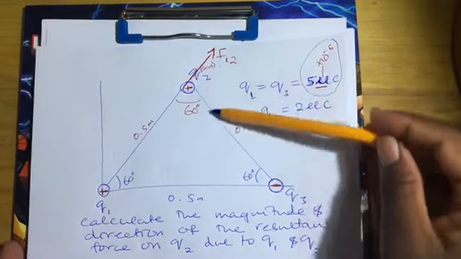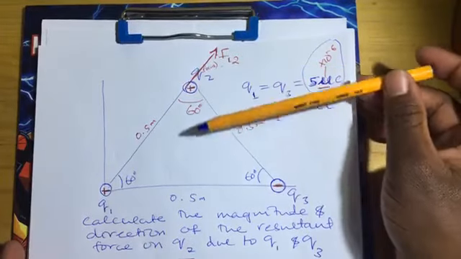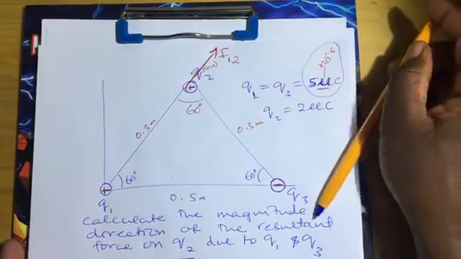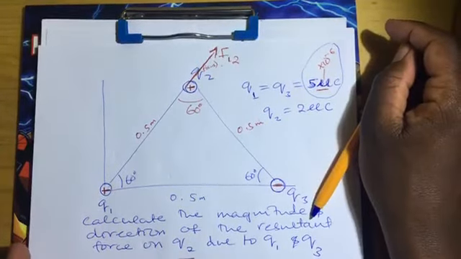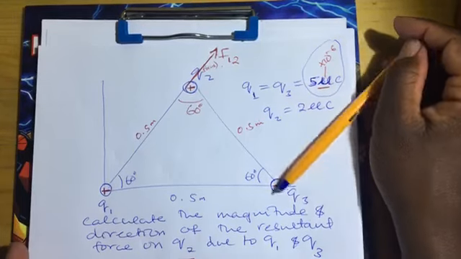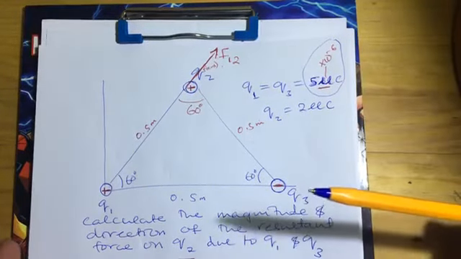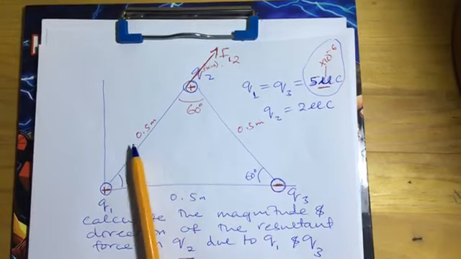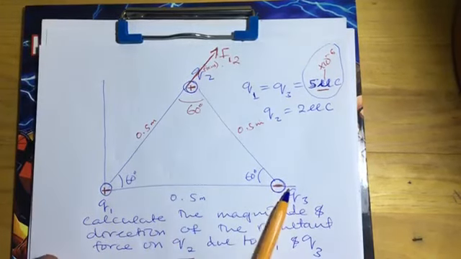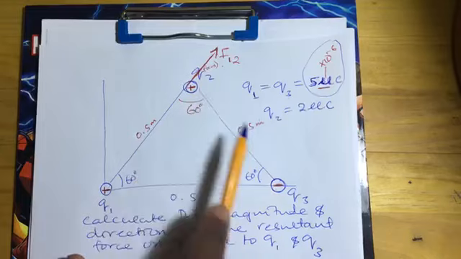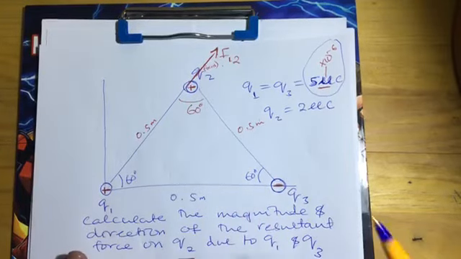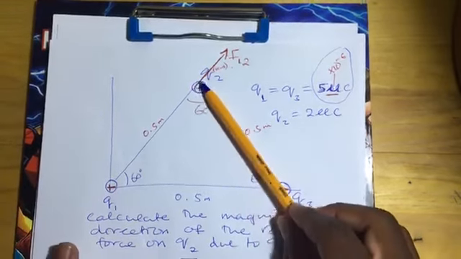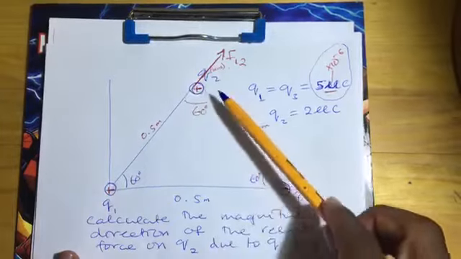Next, there's going to be a force between Q2 and Q3. Was the micro given? Yes, it was given. All this is part of the equation. Q2 and Q3, these two are going to attract. If this was a repulsive force, it would have pointed in this direction.